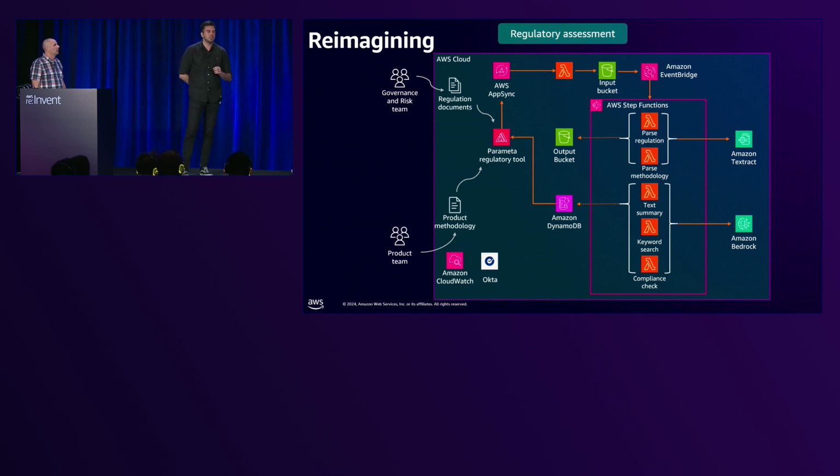And then the final one there, which is really where the magic happens, is we then use large language models on Bedrock to be able to scan the whole document and label out what's in breach, why it's in breach, and what are some suggestions that you can offer to help improve those breaches. And then once we save those results, we then put it into a NoSQL database known as Amazon DynamoDB.